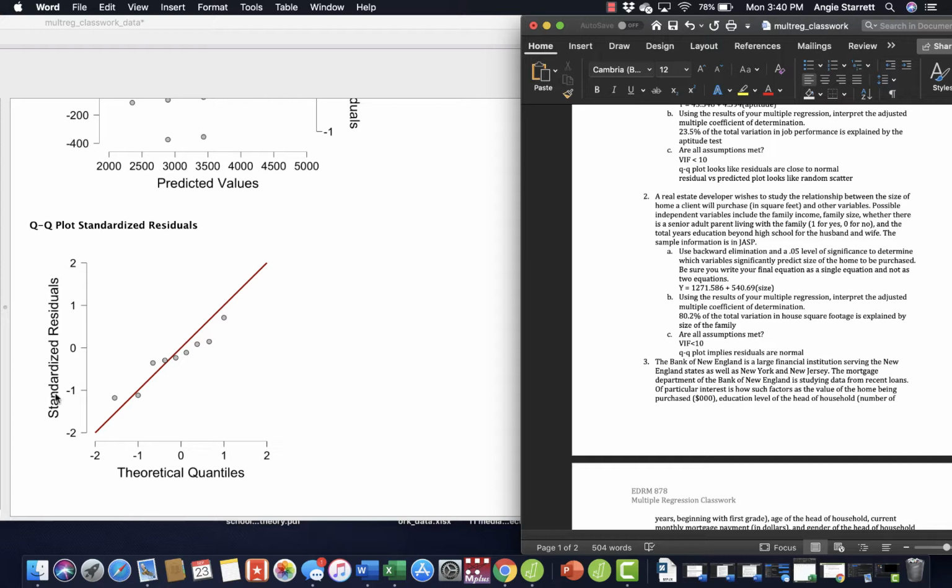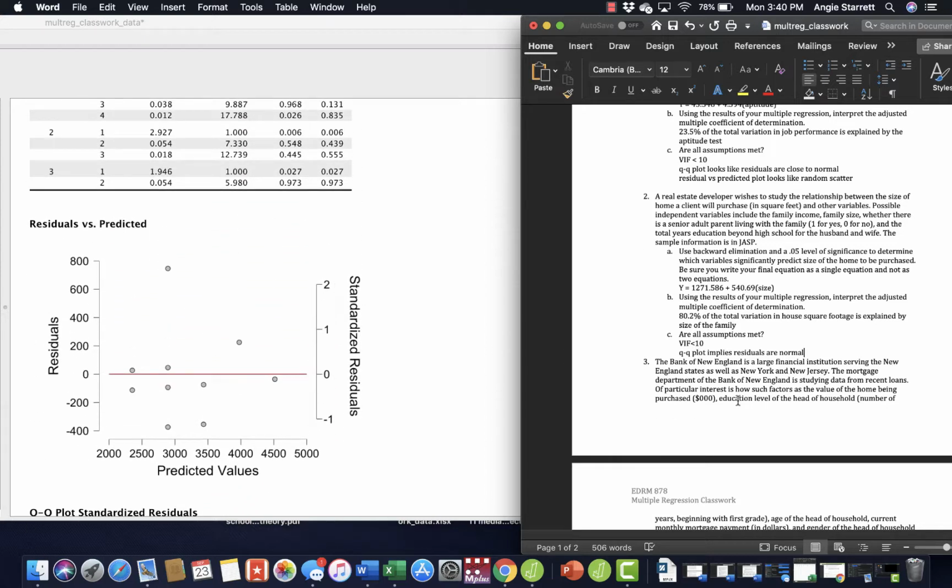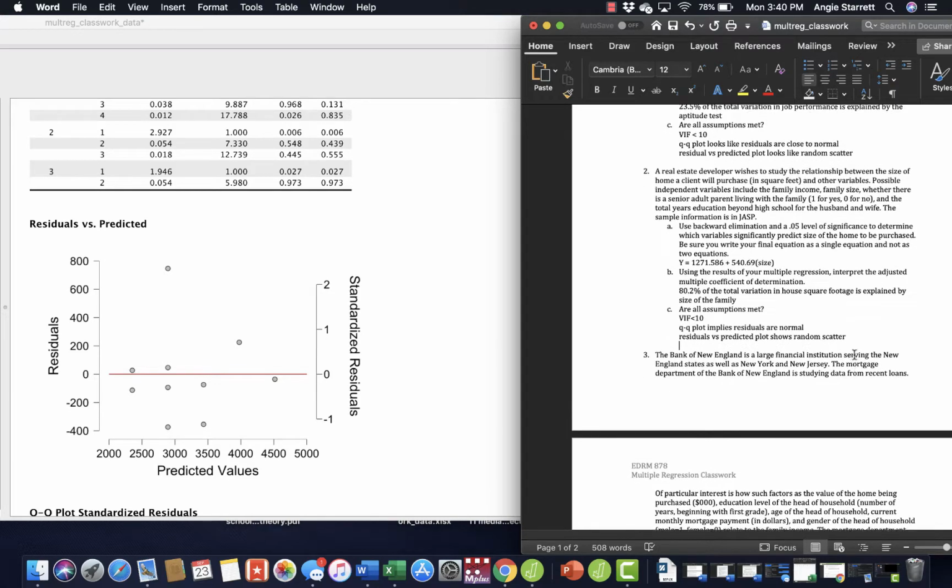We see that our dots are all right along our diagonal here. And then our residuals versus predicted plot shows random scatter again, right? Just throwing some dots up there. So it looks like our assumptions are met.